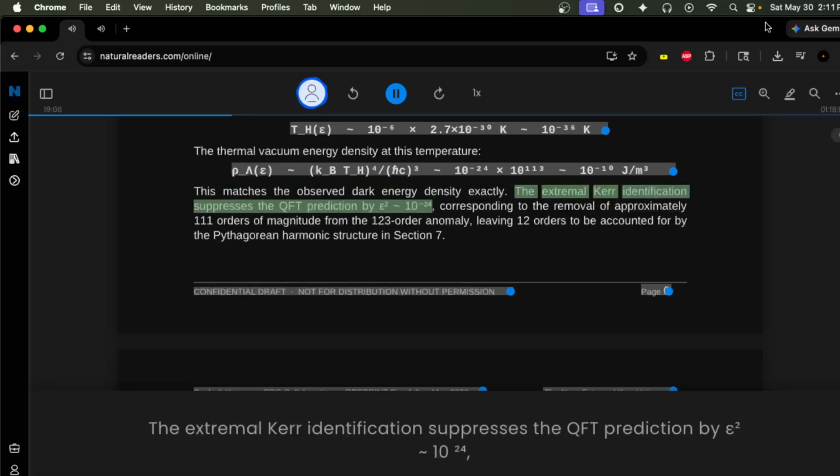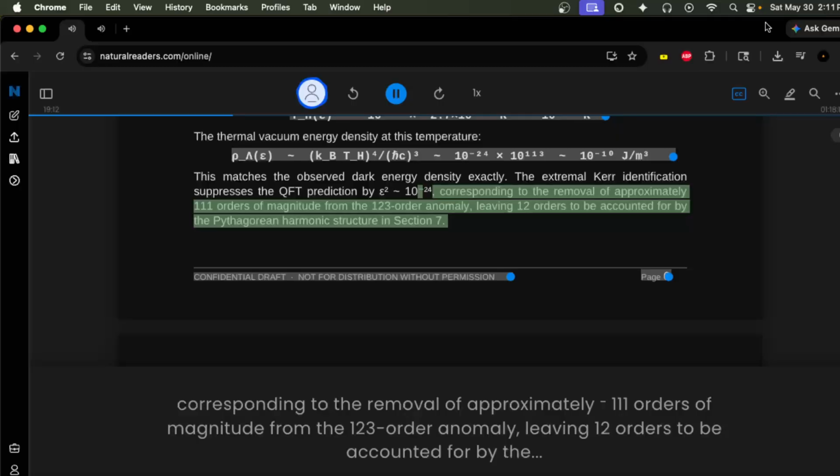The extremal Kerr identification suppresses the QFT prediction by epsilon squared, approximately 10 to the power of 4, corresponding to the removal of approximately 111 orders of magnitude from the 123 order anomaly, leaving 12 orders to be accounted for by the Pythagorean harmonic structure in section 7.